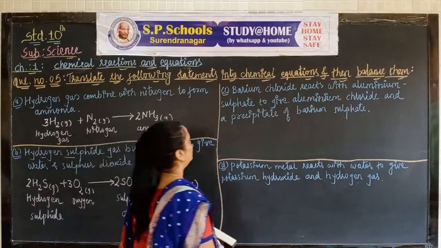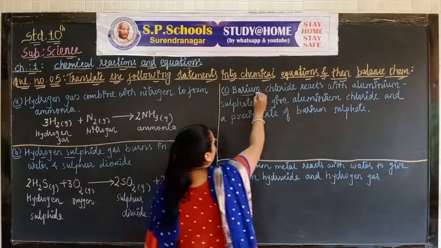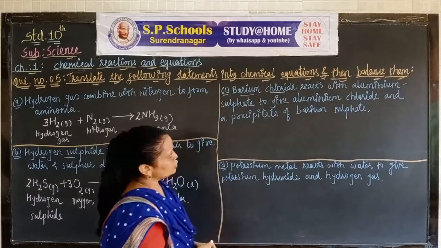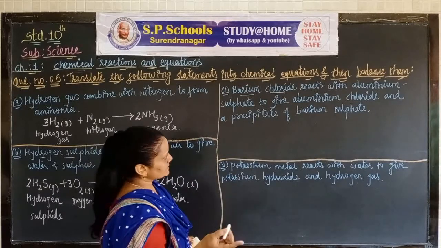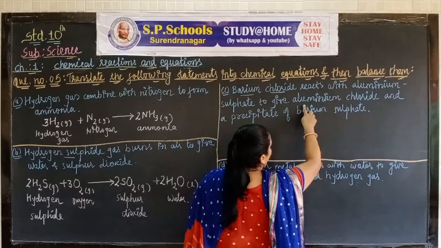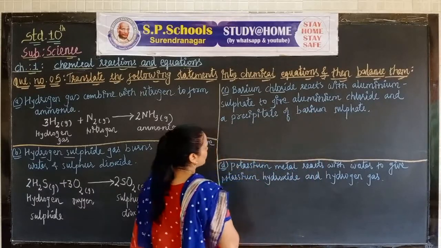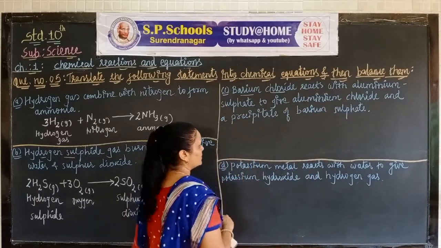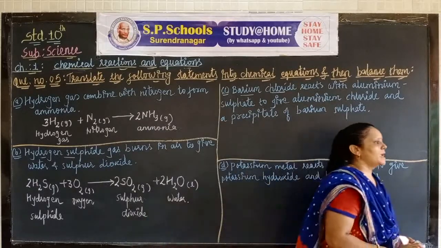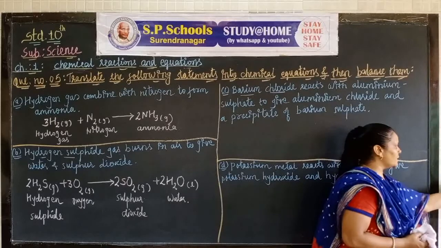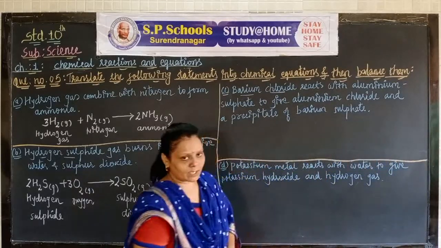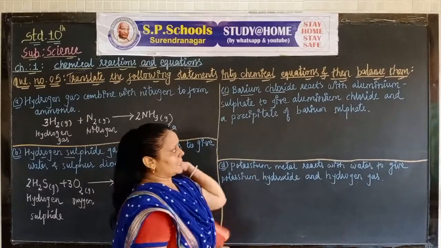Solve the third. Barium chloride reacts with aluminium sulfate to give, which means these are products, aluminium chloride and precipitate of barium sulfate. Here one thing is noticed that when we write the equation, we must know the molecular formula of each substance.